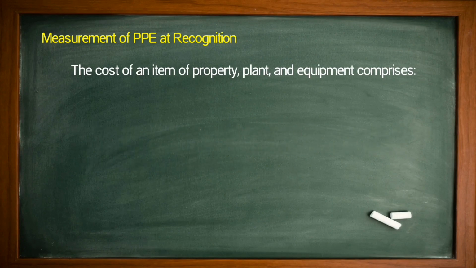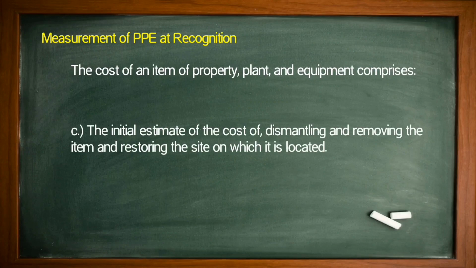And letter C, the initial estimate of the cost of dismantling and removing the item and restoring the site on which it is located. To summarize the cost of PPE, lahat ng direktang maiuugnay na nagastos para mapagana yung PPE ay dapat na i-capitalize. Simula sa pagbili ng item, through delivery, installation, and yung sa pag-import.